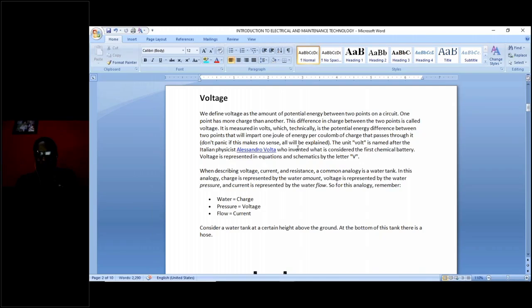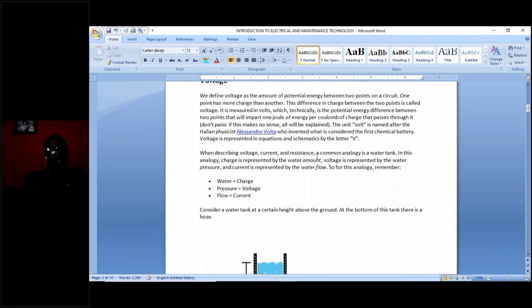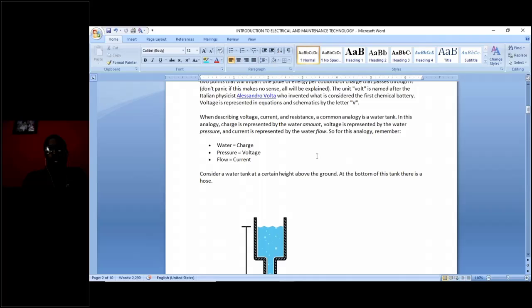This difference in charge between the 2 points is called voltage, and it is measured in what? In volts, which technically is the potential difference between 2 points that will impart 1 joule of energy per coulomb of charge that passes through it. So the unit of voltage is the volt.